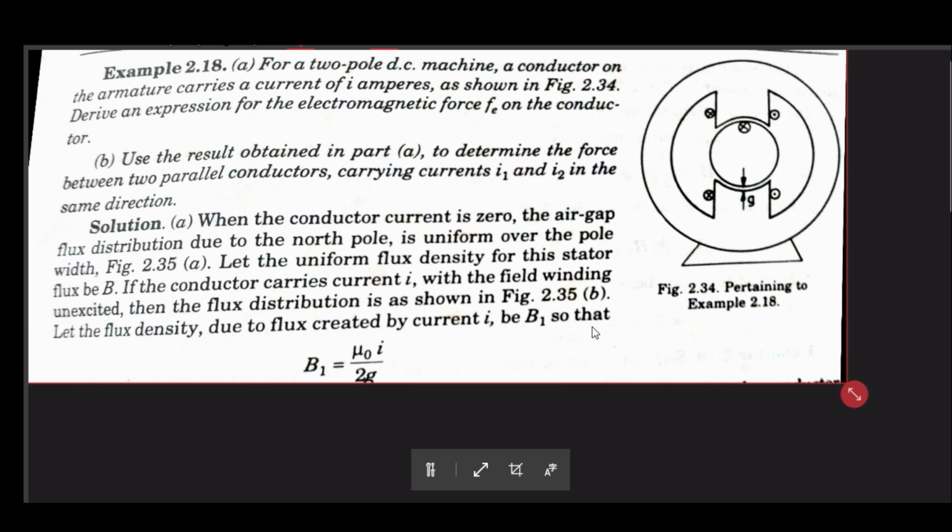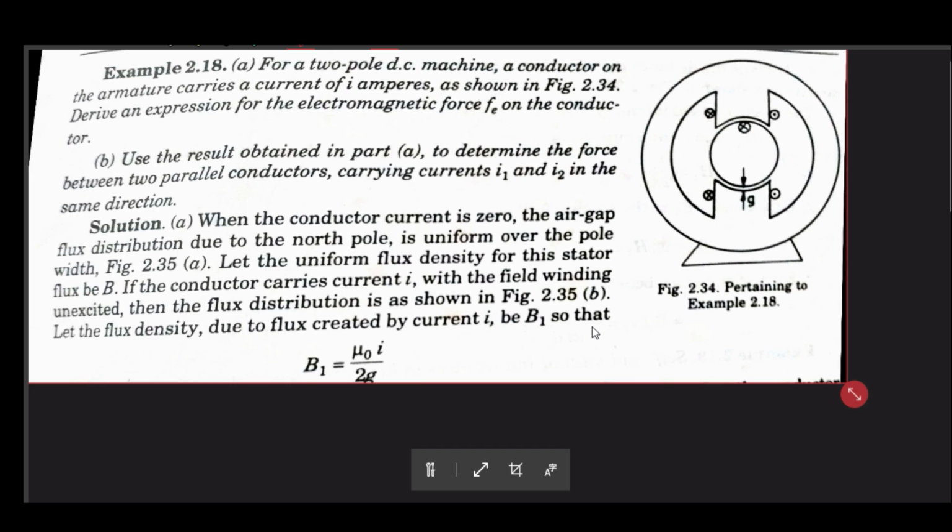So first of all, this is the structure you can see here, and also part of the solution. I got it here in the snap, so you can also read it. The basic thing they want to mention is that when the conductor current is zero, meaning there is no flow of conductor current, then obviously armature reaction is zero, and the air gap flux distribution due to your north pole and south pole will be uniform over the polar region.